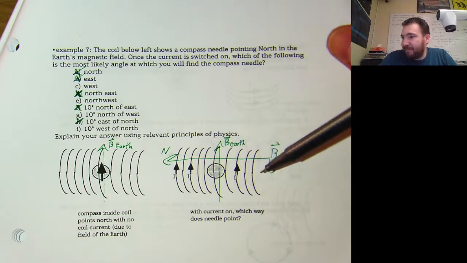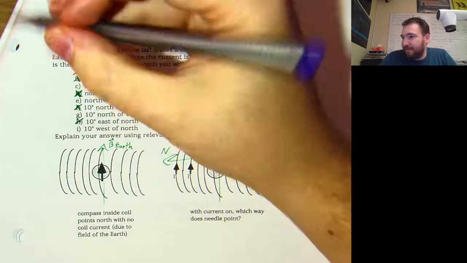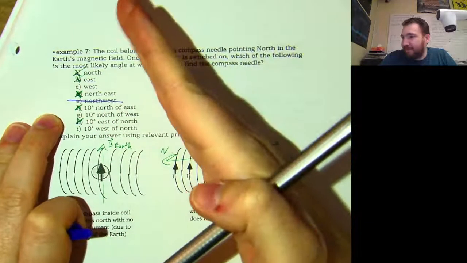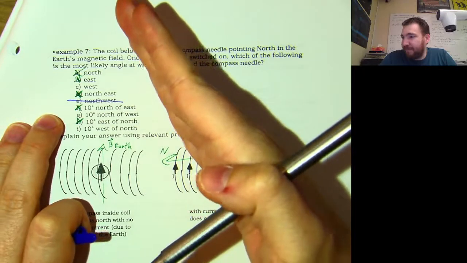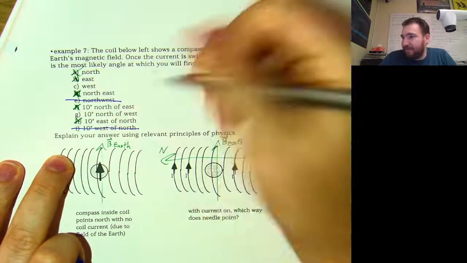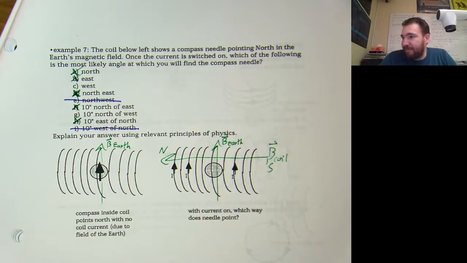We've got a coil now. So we can get rid of northwest because it's not going to be pointing this way likely. We can get rid of 10 degrees west of north. That's just a little bit of a deflection there. So your most reasonable answers are C or G.